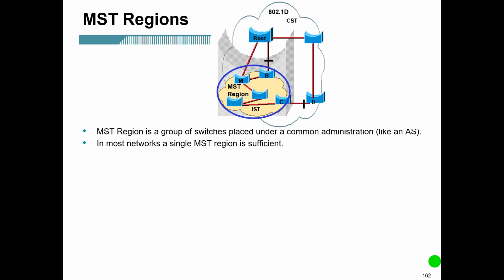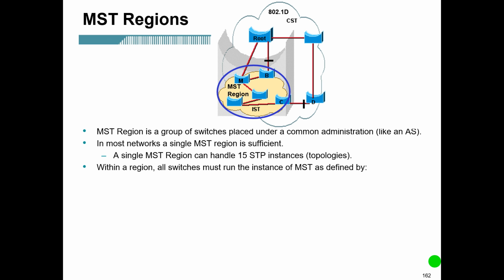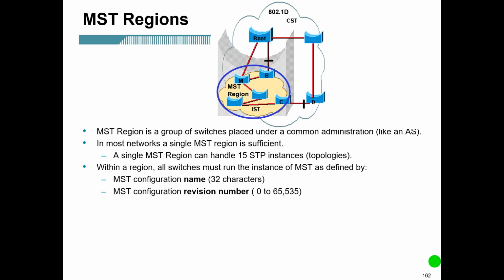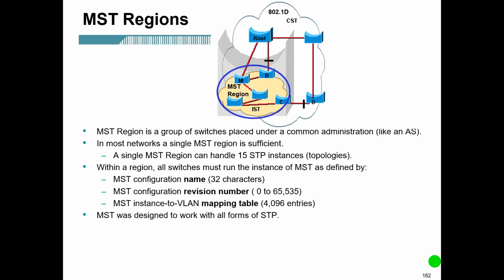In most networks, a single MST region is sufficient. A single MST region can handle 15 STP instances, or topologies. Within a region, all switches must run the same instance of MST, as defined by the MST configuration name, MST configuration revision number, and MST instance-to-VLAN mapping table.